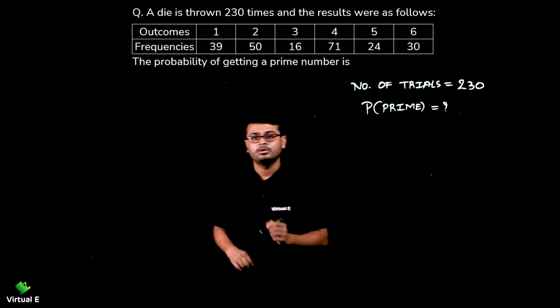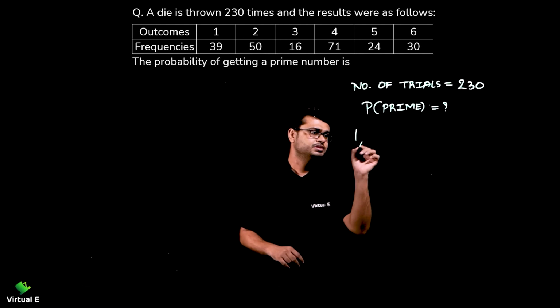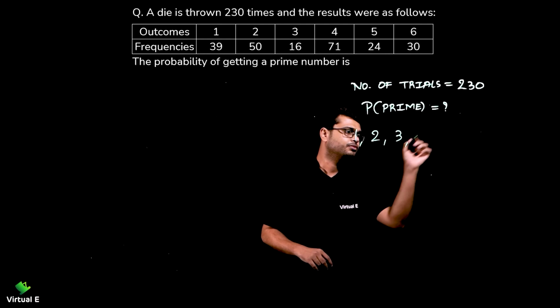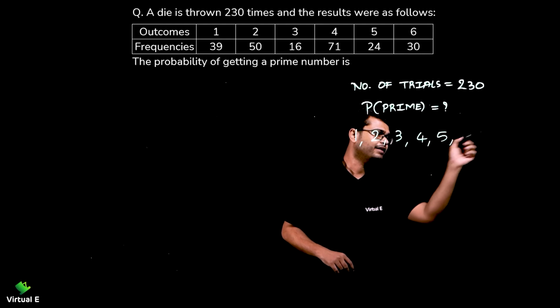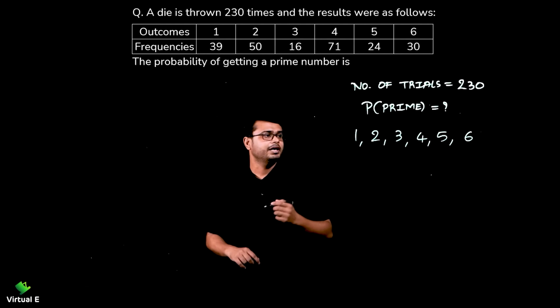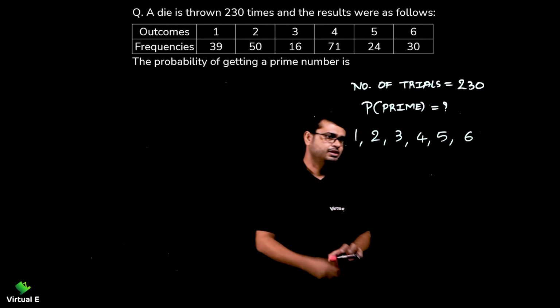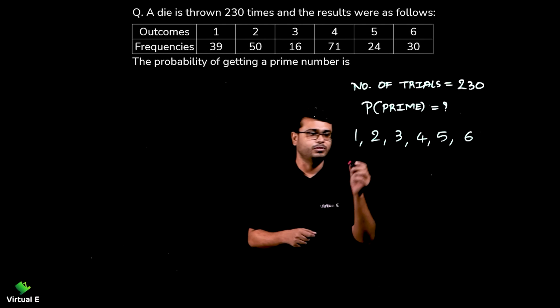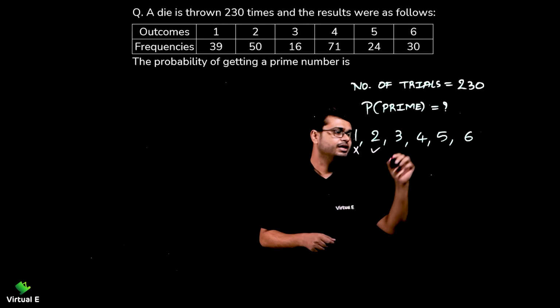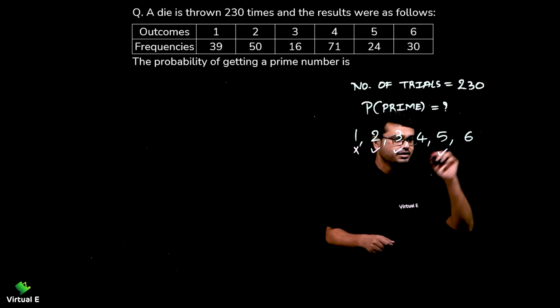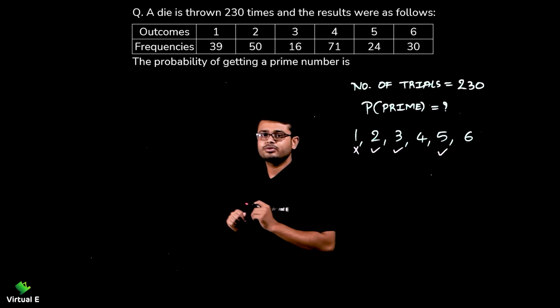Okay, so on the dice there are 6 numbers, 1, 2, 3, 4, 5 and 6, right? And we are supposed to get the prime number. So which are the prime numbers? Can I say 1 is the prime number? No, it's not. 2 is there, 3 is there and 5. So what are we going to do?